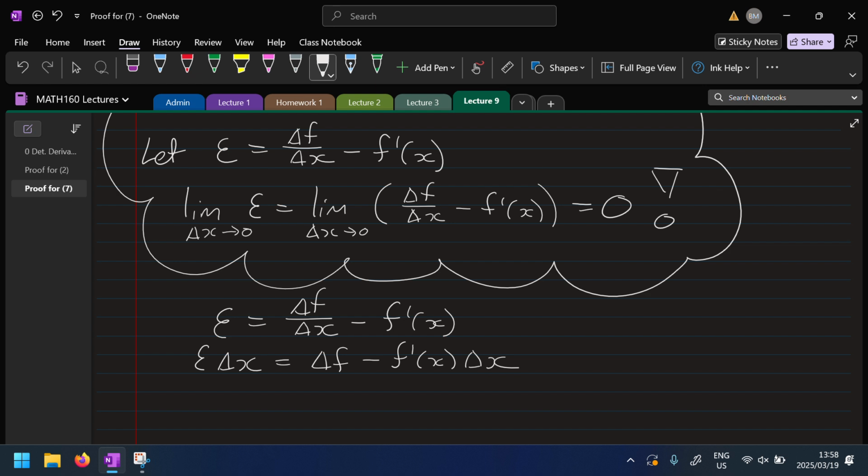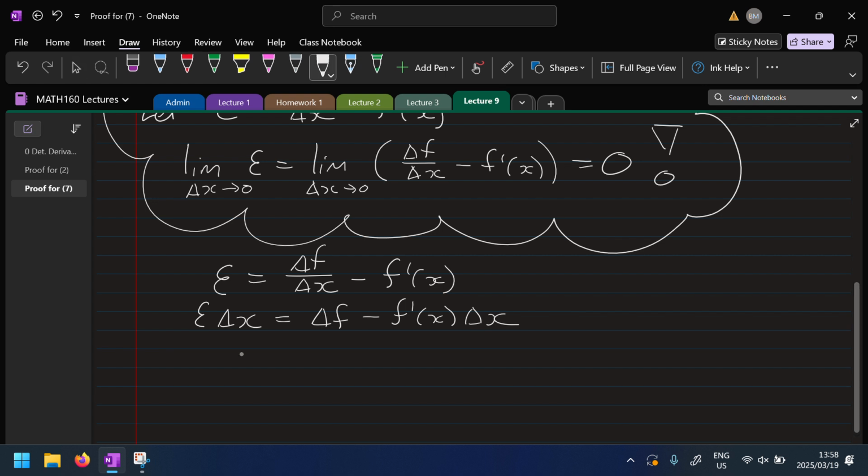Again, I want to solve for delta f, so I'm going to take that second term over to the other side. So delta f is equal to f prime of x times delta x, plus epsilon delta x.